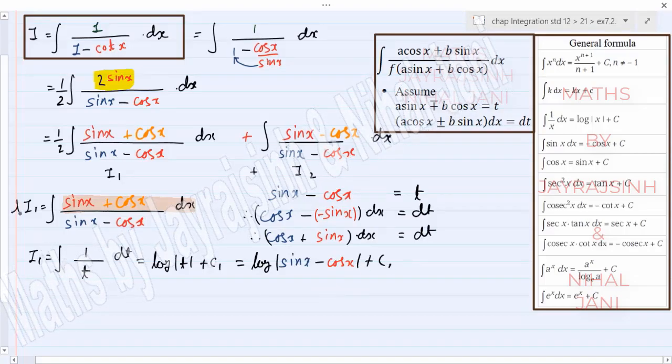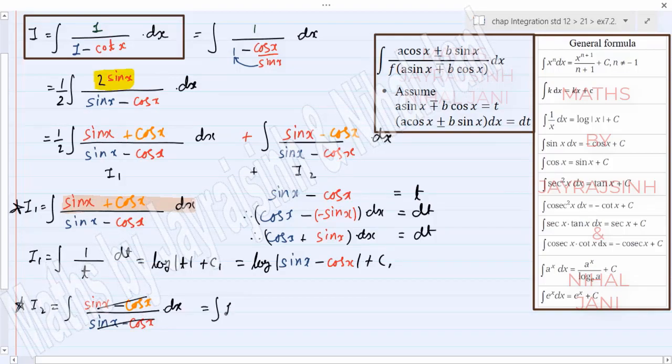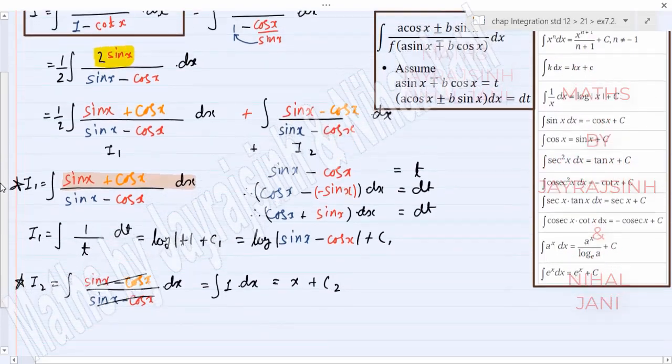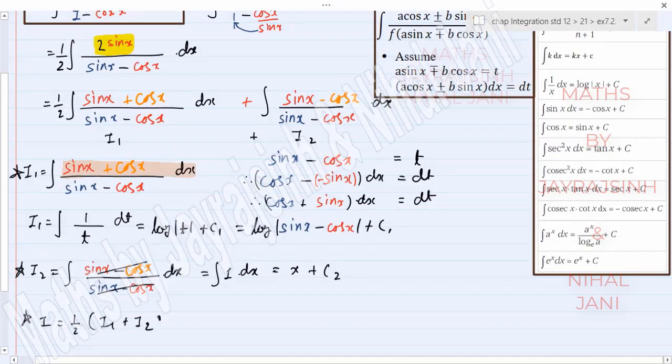So here we get our I1. Now it's time to integrate our I2. But in I2, sin x minus cos x will cancel out and we just have to integrate 1. So we will get x plus c2. So here we can say our final answer I is 1 by 2 of I1 plus I2.